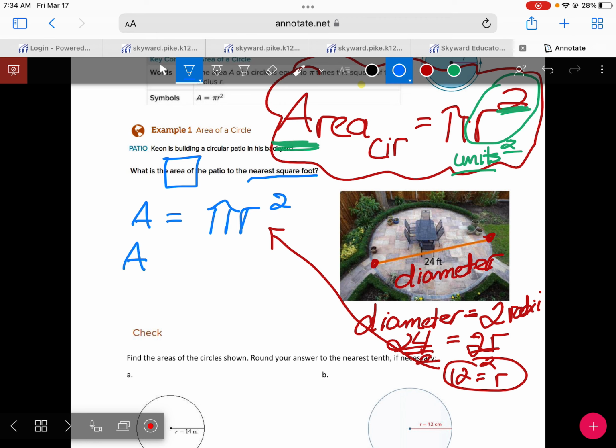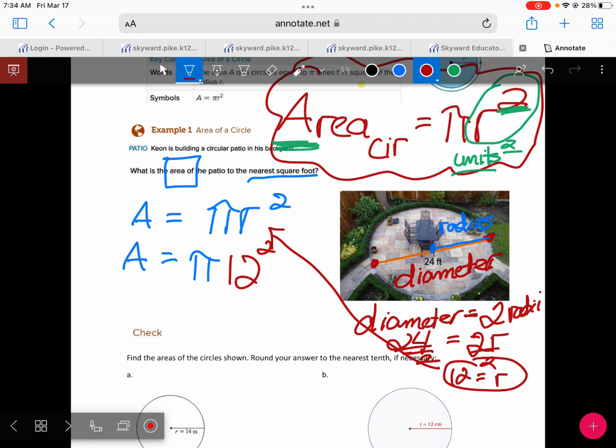So be careful and check, are they giving you the diameter or are they giving you the radius? The radius is the shorter word, and that is this length out to the end. So area is pi times a radius of 12 squared.